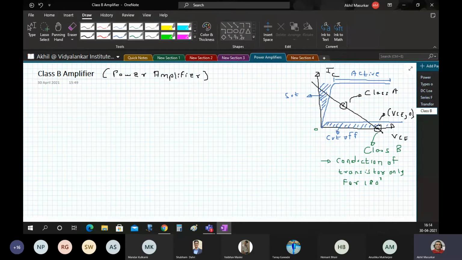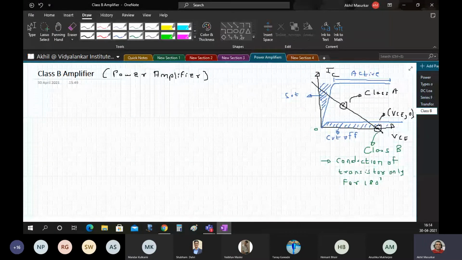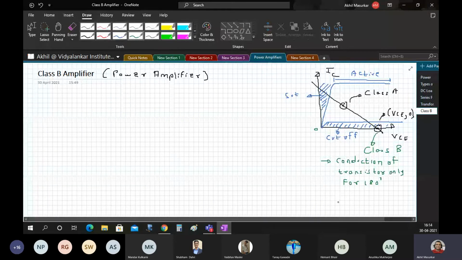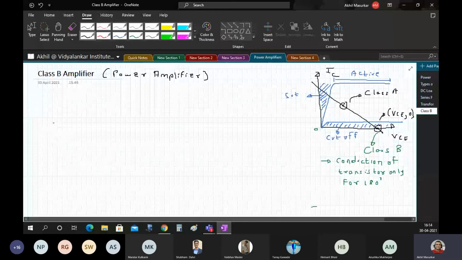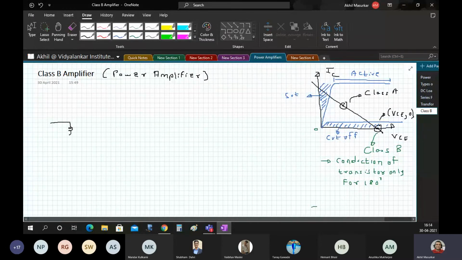And that is why we use two transistors which are complementary to each other, one is an NPN transistor, the other one is a PNP transistor. That means when one conducts, the other does not conduct, and vice versa. So in class B power amplifiers, we use two transistors, each of which conducts for 180 degrees of the input signal cycle. Please draw this diagram with me to understand how the class B operation works.